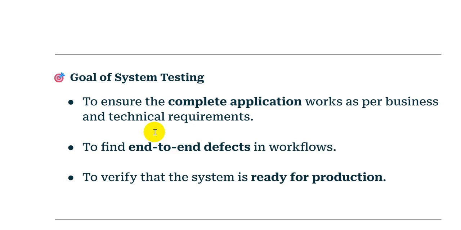Production people cannot find multiple bugs in the application we have built and tested. They cannot find major issues, major blockers, or any kind of issue pointing back to our testing. So that is the goal of system testing.